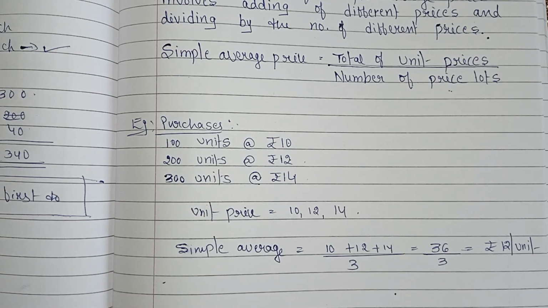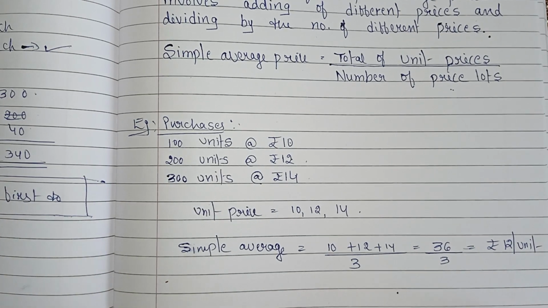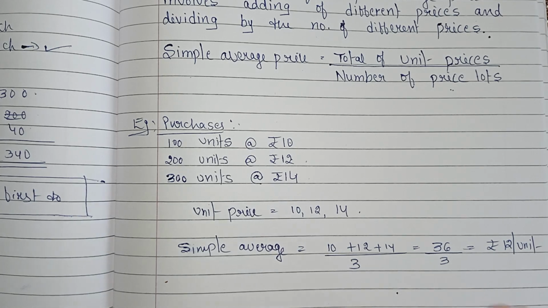One important thing to remember is that the simple average price method is suitable when material prices don't fluctuate too much. Then only it is useful or suitable. Also it is not as accurate as other methods.